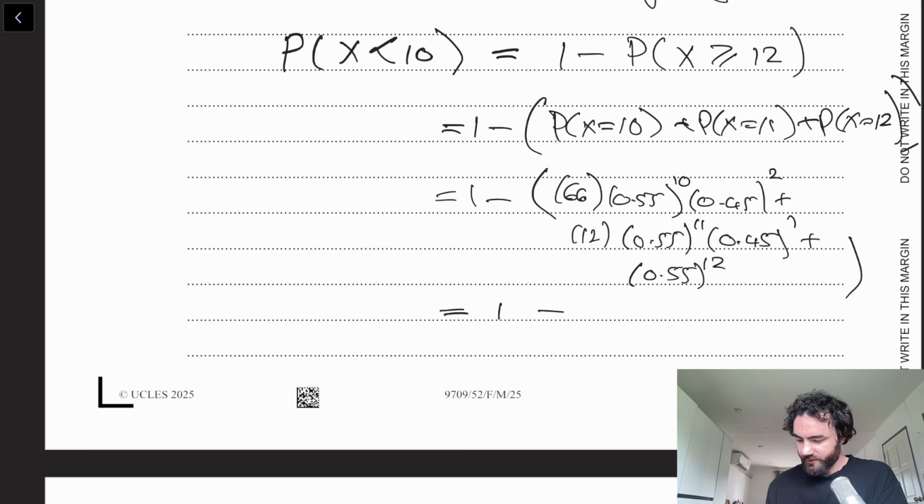Okay, so now we can just plug all this stuff in. So 66 times 0.55 to the power of 10 times 0.45 squared, plus 12 times 0.55 to the power of 11 times 0.45, plus 0.55 to the power of 12.